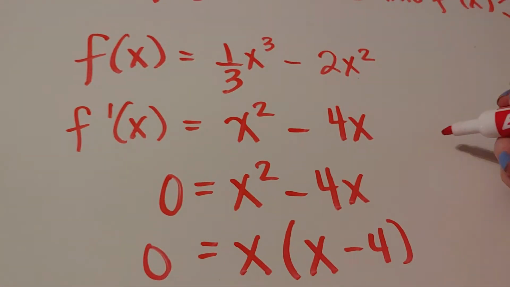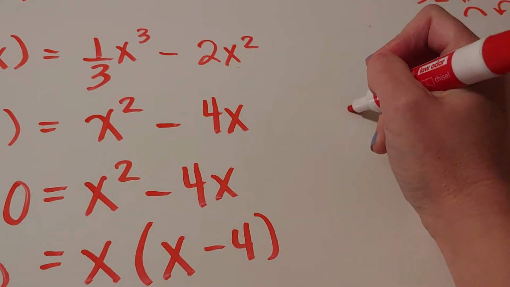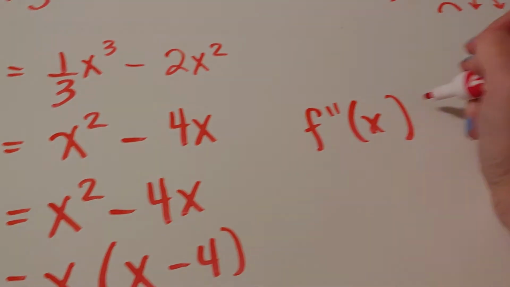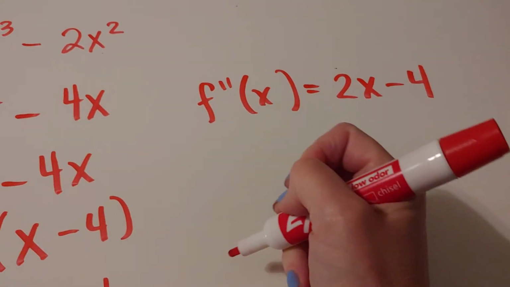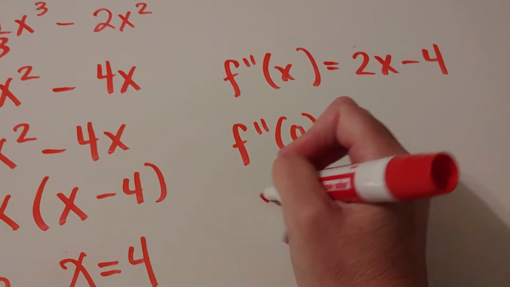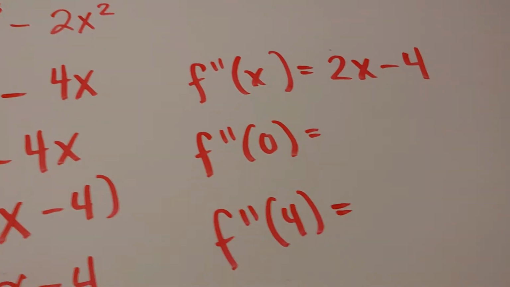So let's try this. Let's look at our function. So my second derivative, let's write it right here, would be 2x minus 4. So what I'm going to do is plug in my critical number of 0 and also my critical number of 4 because I want to know, are these a max or a min?